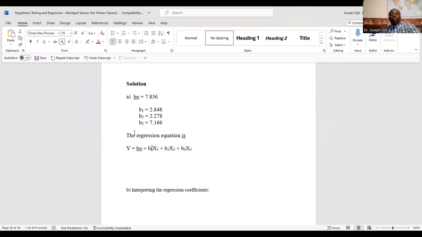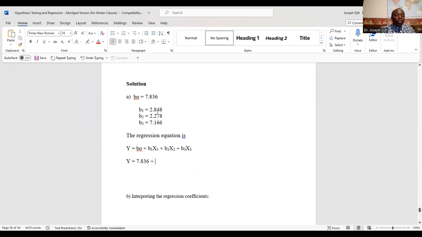So you can now start putting all these numbers in. That means y equals 7.836 plus 2.848 x1 plus 2.278 x2 plus 7.166 x3.